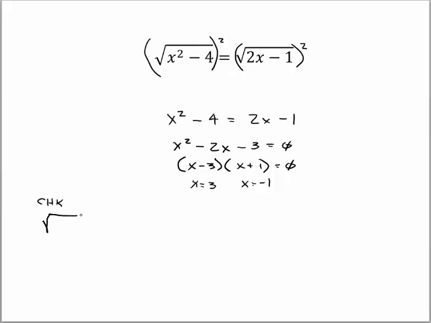So, let's see. Let's start out with our radical. We've got 3 squared minus 4 equals the square root of 2 times 3 minus 1. So I'm just putting that all in there.